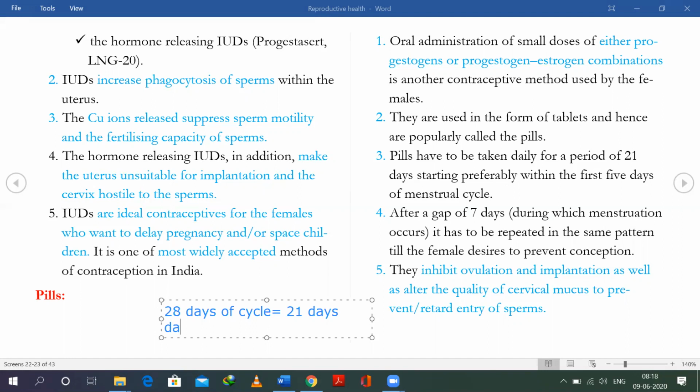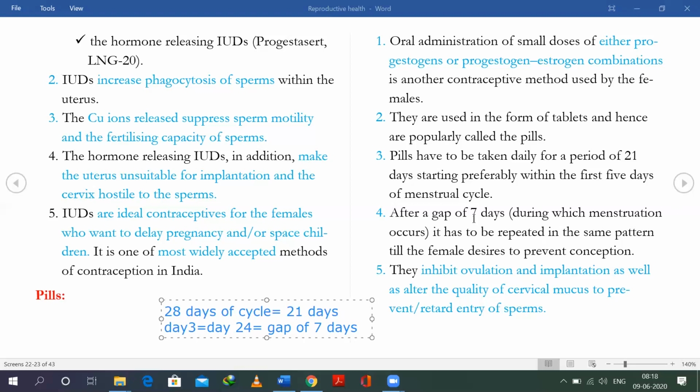She will take the pills continuously for 21 days, so from day 3 to day 24, and she will leave a gap of 7 days.